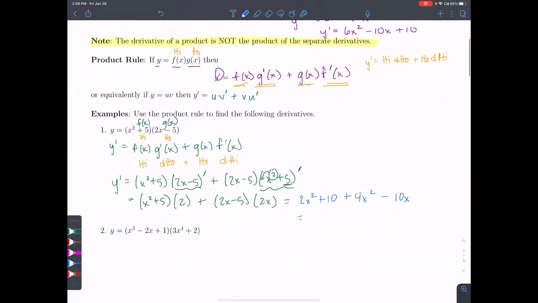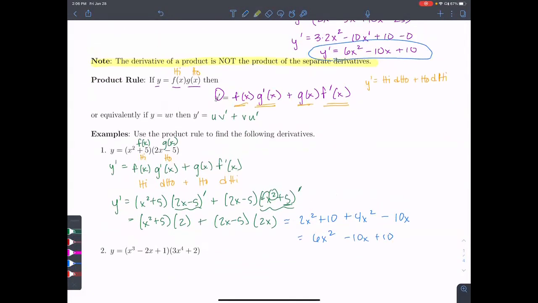So we did get the same thing. That's 6x squared, and you combine like terms, 6x squared minus 10x plus 10, which is what we got up here. So again, in Hawks, you can stop here. No reason to simplify, just use all the parentheses and you'll be good to go.